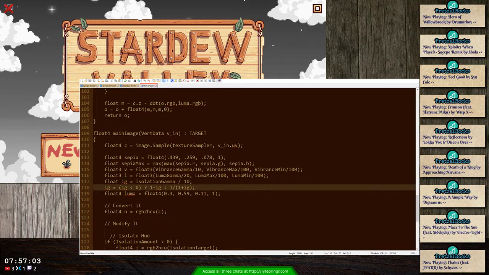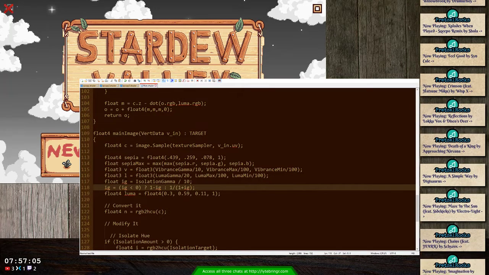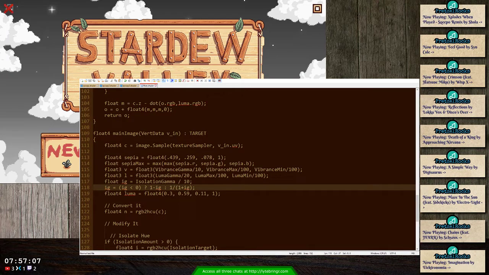And so if we reload, nothing should happen. As it should be. Now, if we change the gamma, we should be able to change how it reacts to colors that aren't itself.